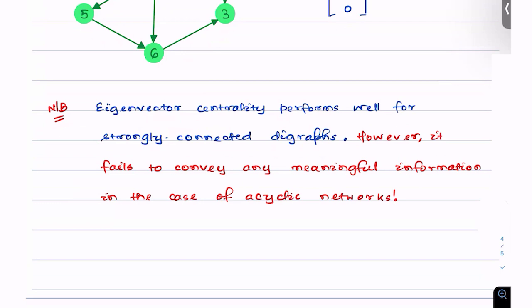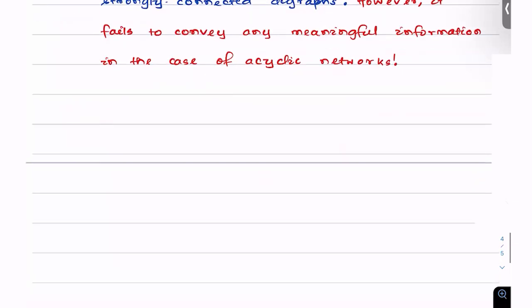Which is a major flaw because there are several real world networks which are actually directed in nature. Just to give an example, let us consider citation networks. So in the case of citation networks, we know that there could be some papers, a few papers, which are very highly cited.